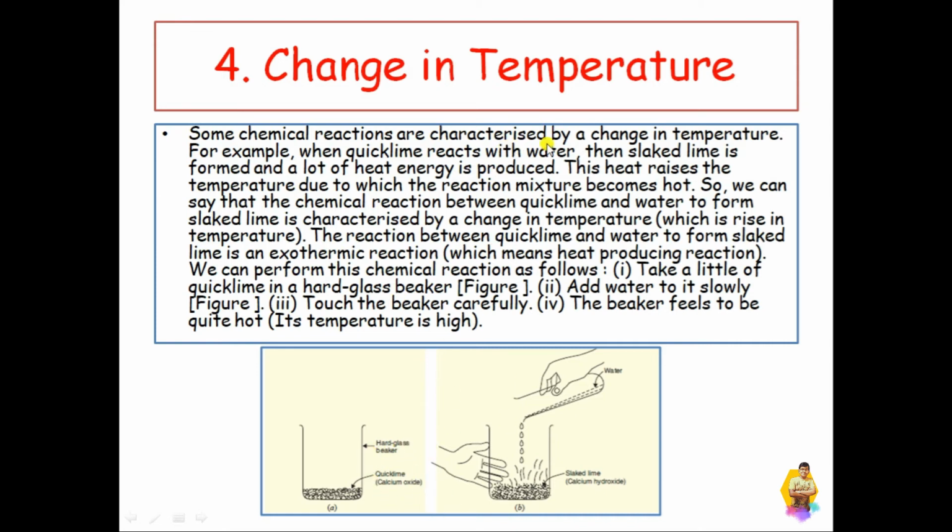When we treat this with water, then slack-lime is formed. Calcium hydroxide is called slack-lime. Due to this temperature rise, the reaction mixture becomes hot. So we can say that the chemical reaction between quicklime and water to form slack-lime is characterized by a change in temperature.